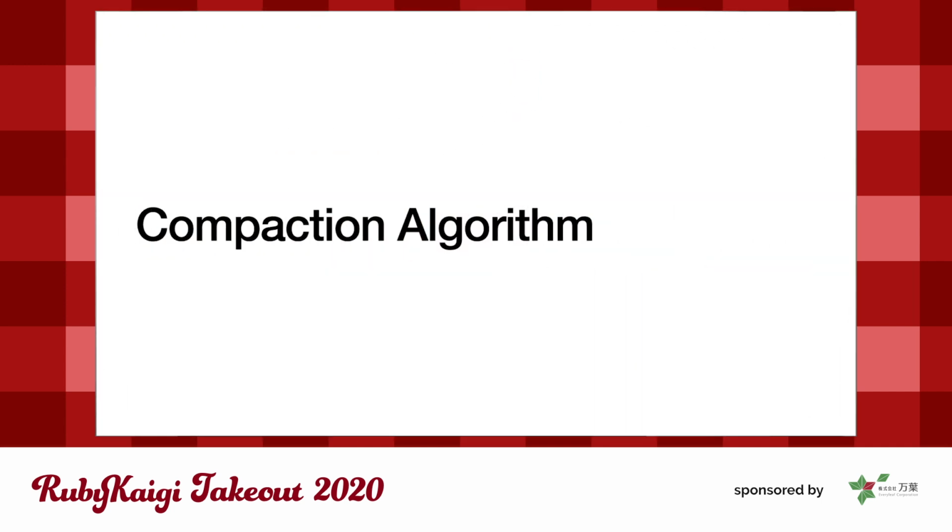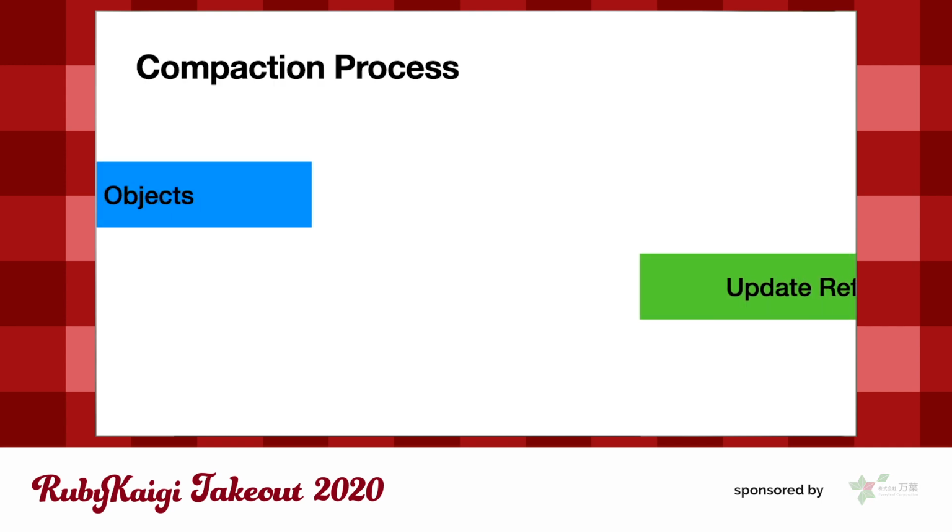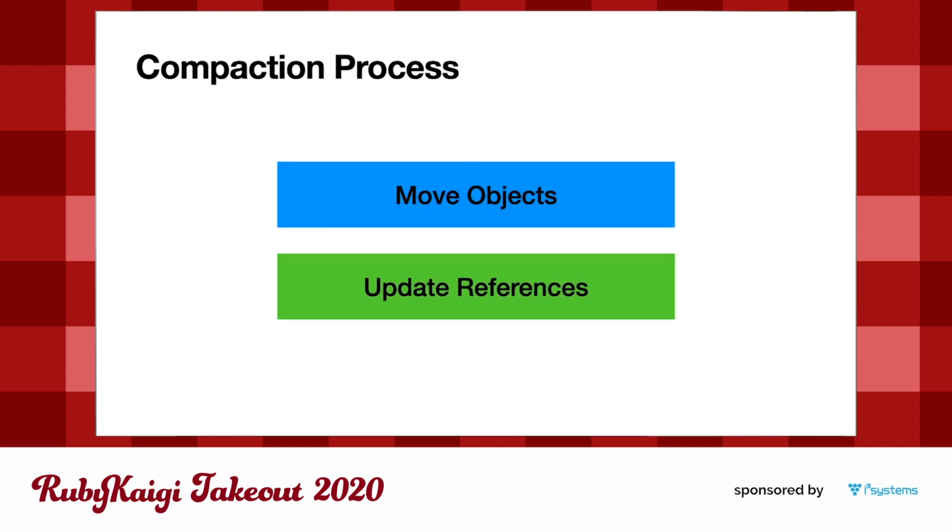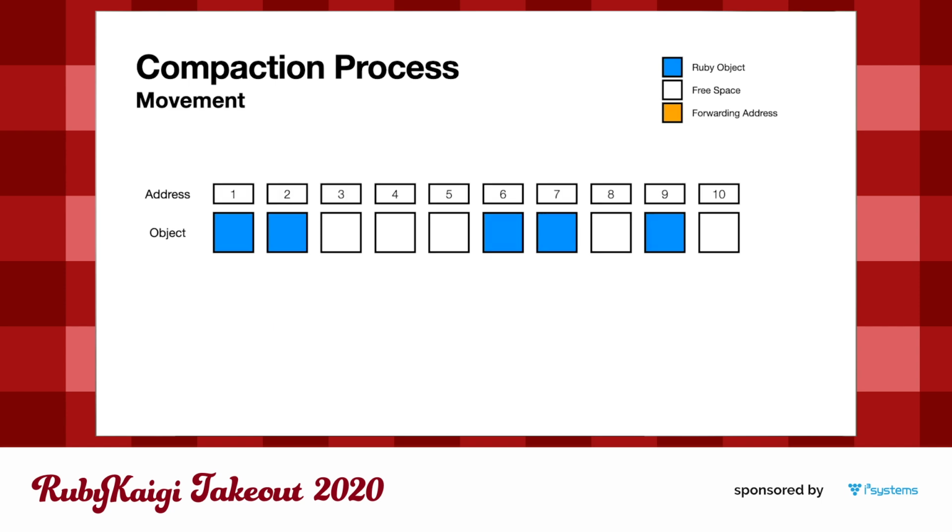But before we dive into my current work, I want to cover what the existing algorithm is. The compaction process has two steps. First, it moves the objects around, and then it updates all the references. Let's look at the compaction process in more detail.